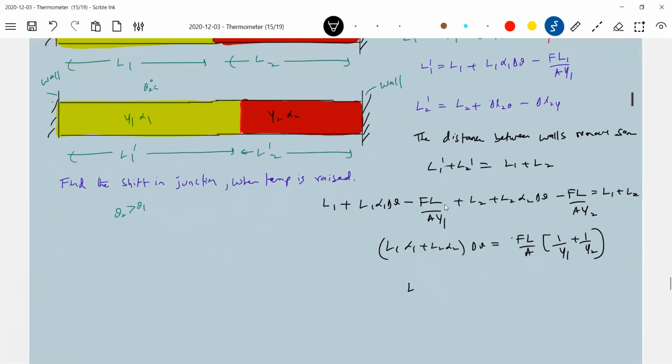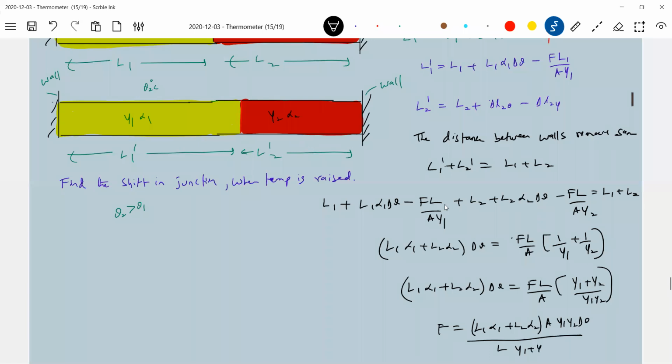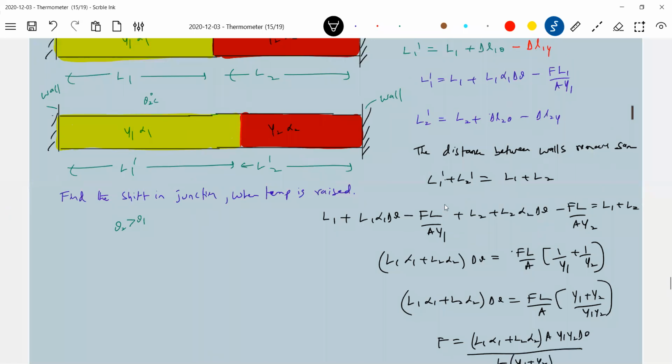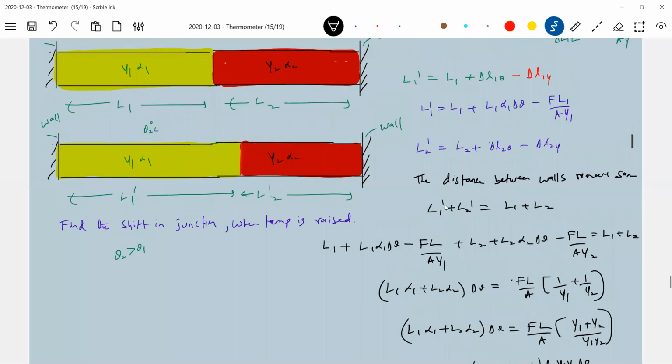Solving this, this value of F, if I substitute in any one, I'll get L1 dash. L1 dash minus L1 will be the shift in the junction. This F I should substitute here, then I'll get L1 dash. L1 dash minus L1 will be the shift.